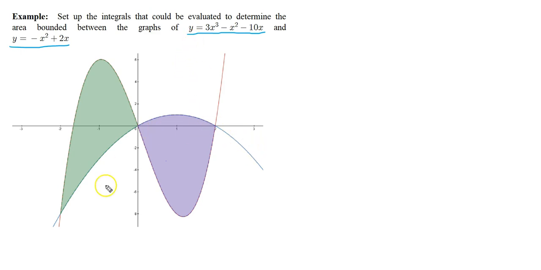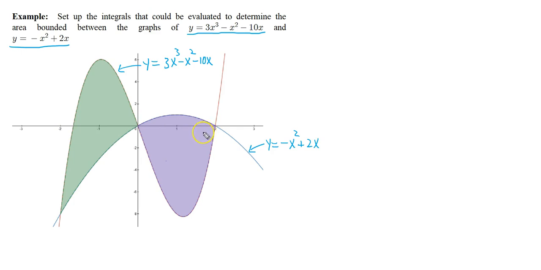So down here we have the graph of this one right here, the parabola (-x² plus 2x). And this curve right here is the graph of the cubic. So we see that the curves trade places as we move from left to right.